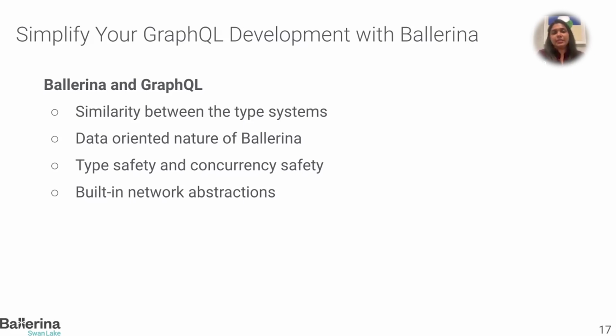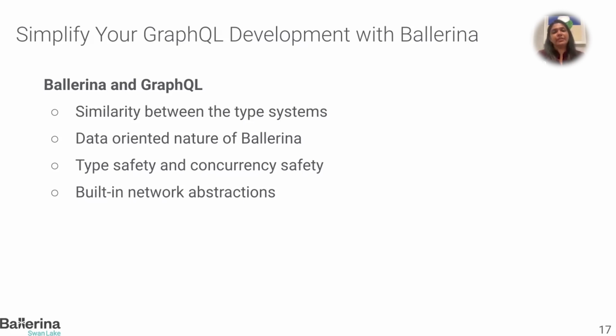And also data-oriented nature of Ballerina helps a lot when it comes to that application development because Ballerina has focused set of data representations like records and other things which are very much similar to GraphQL world, which can map one-to-one very easily.